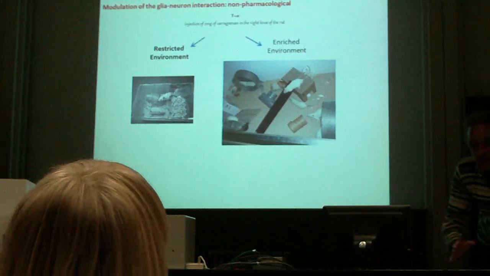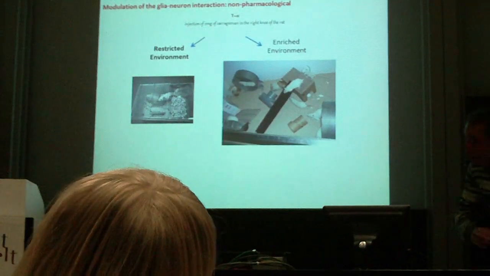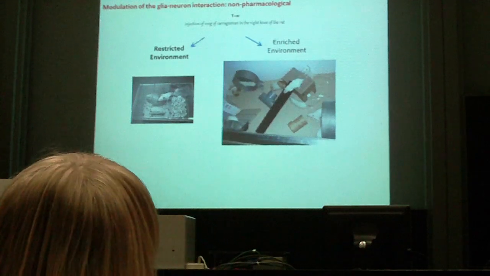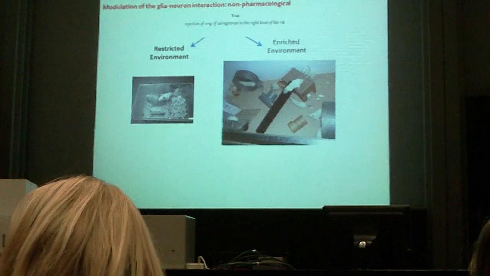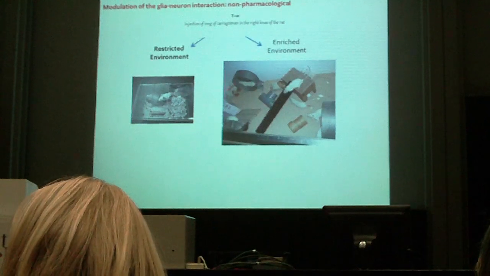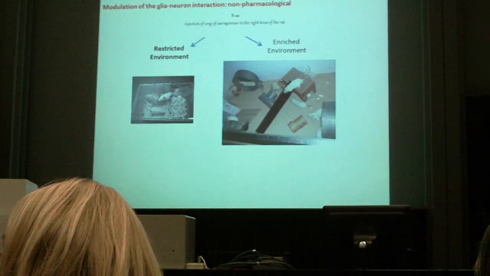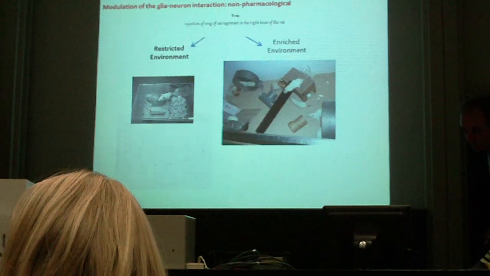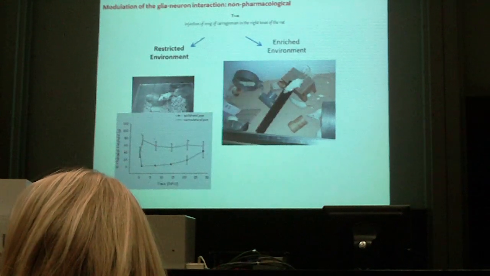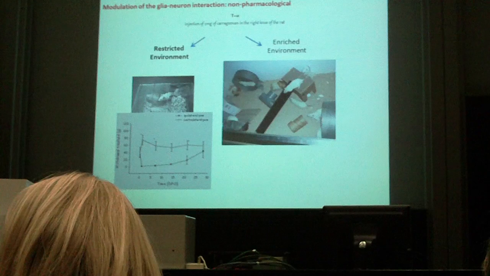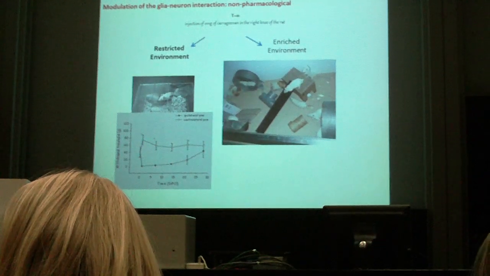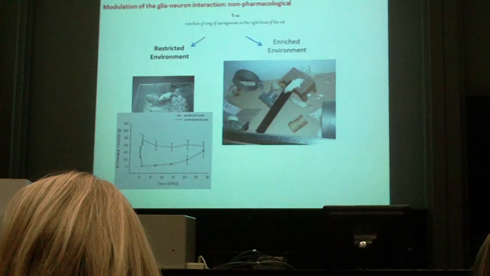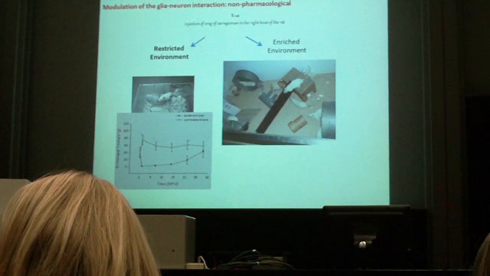Of course, we induced a peripheral nerve injury in these animals, housed some immediately in the jail, and others in the enriched environment. And here you see what we did. We evoke an inflammatory response in the peripheral nerve by injection of carrageenan. Here you see the withdrawal threshold.